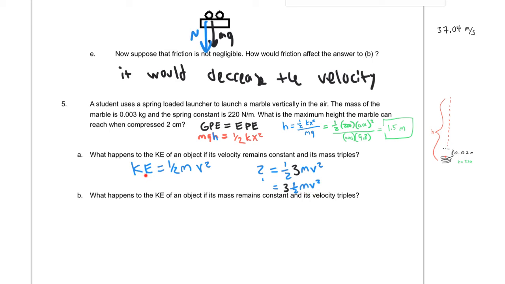The original equation says kinetic energy equals 1/2 mass times velocity squared. Well, that's right here, right? So that is 3 times kinetic energy, because 1/2 mass times v squared is kinetic energy, and it's 3 times that.